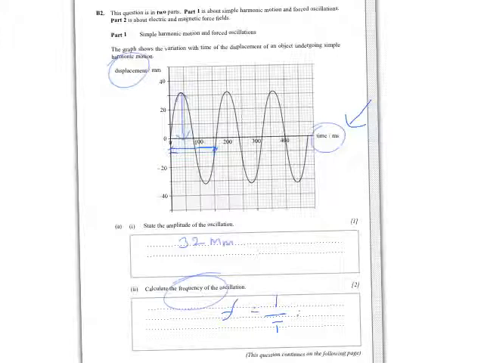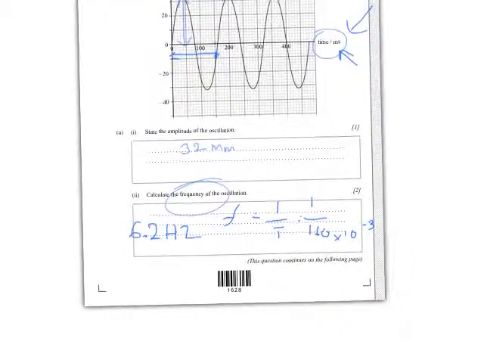So we have about 160, 1 over 160. But wait, let's have a look at the units. Milliseconds times 10 to the minus 3. Okay, so if we work that out, we will end up with a frequency of approximately 6.2 hertz. And that's that question.